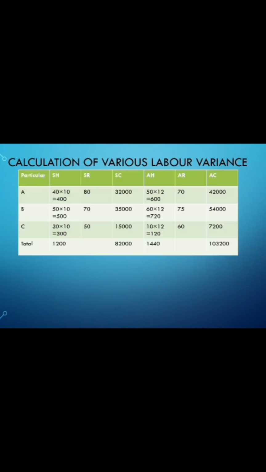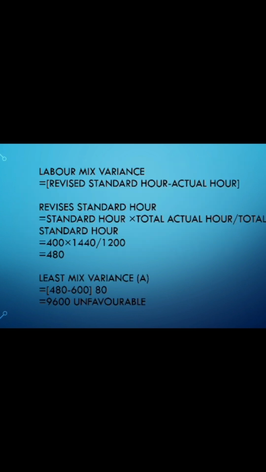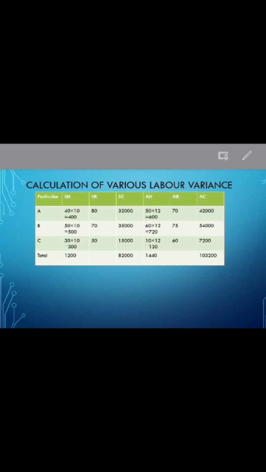And here we go with the calculation of various labor variances. Here the work has been classified into 3 grades, that is A, B and C. Here the standard hour is multiplied with the standard rate. Therefore 40 employees were working for 10 weeks.